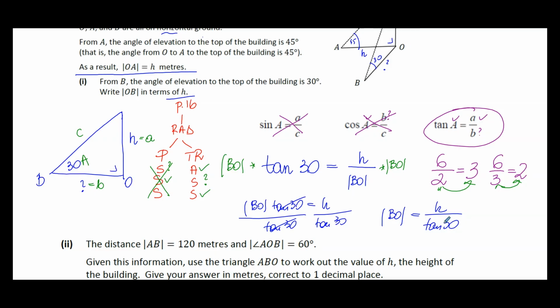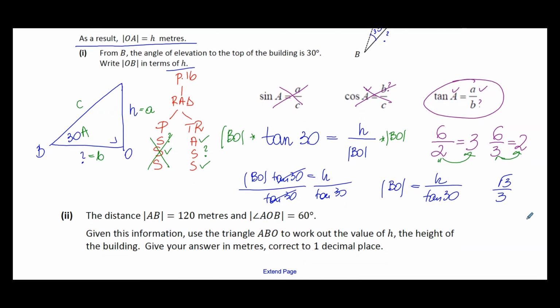Tan of 30, it's a number, isn't it? If we put that in the calculator, what number do we get? We get square root of 3 over 3, and that can be a little bit challenging. But even if we get that, how am I supposed to make that expression?